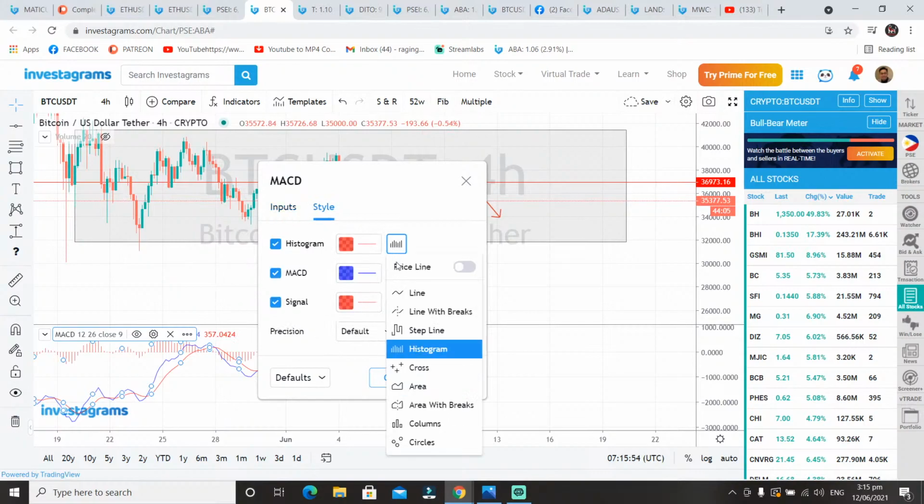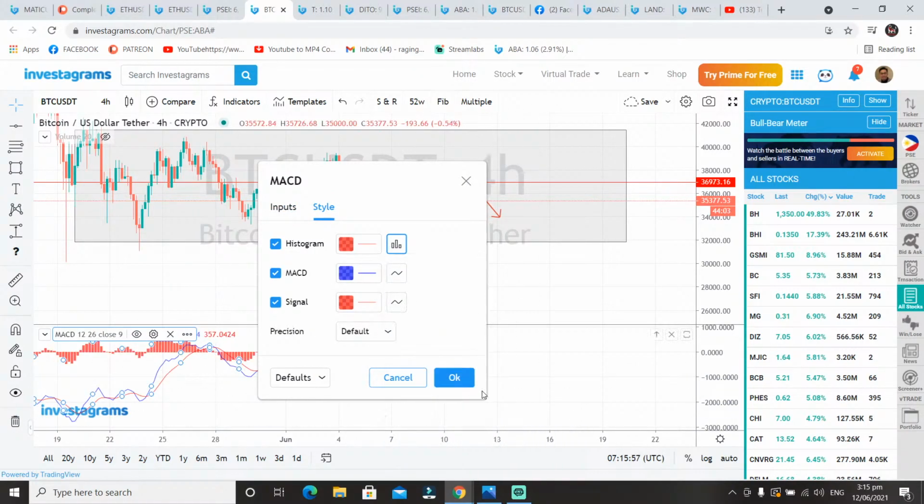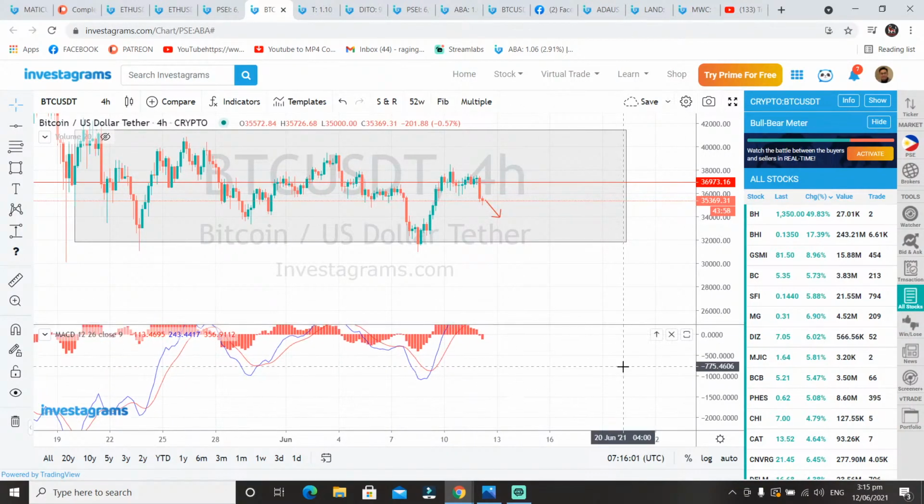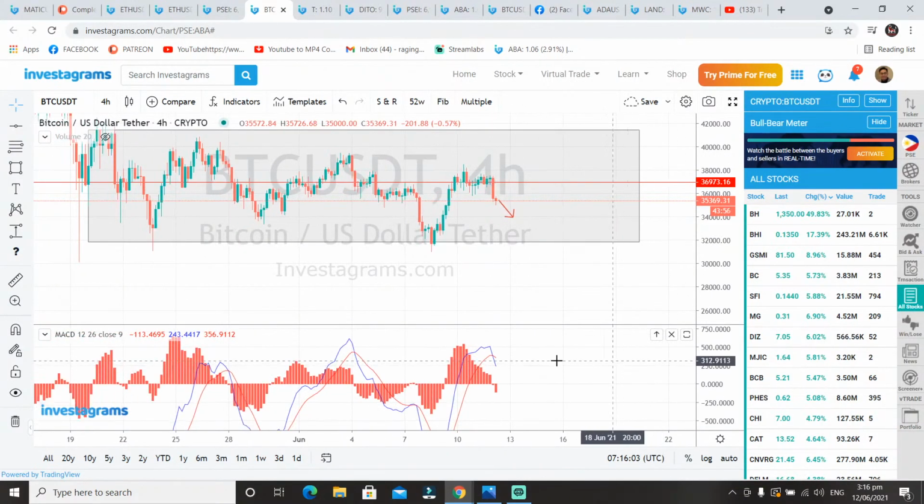So we'll make this a column. As I've always said, if there is a strong momentum happening in our histogram, there could be a strong movement, either upward or downward, right? At least there's already a good indication that there's going to be an aggressive move.